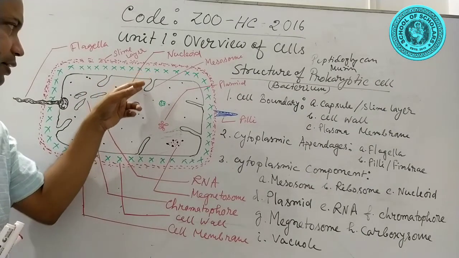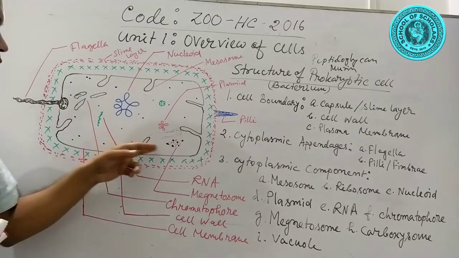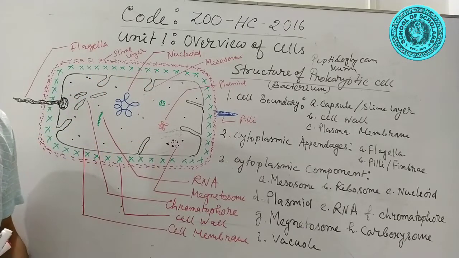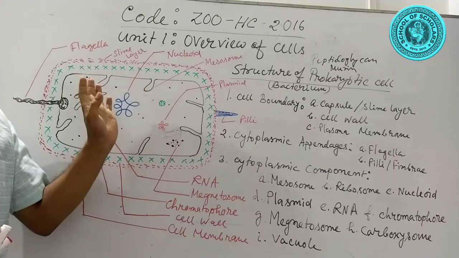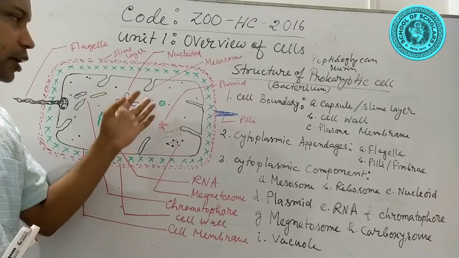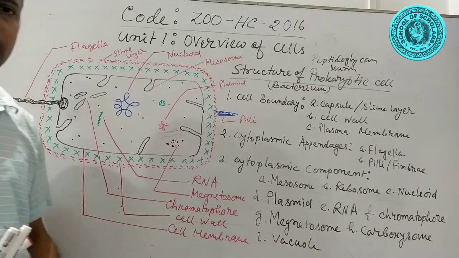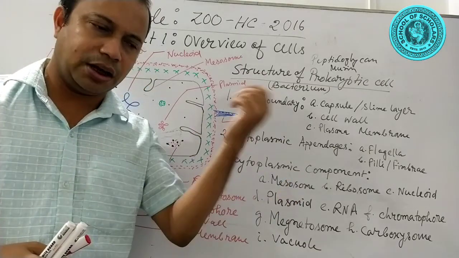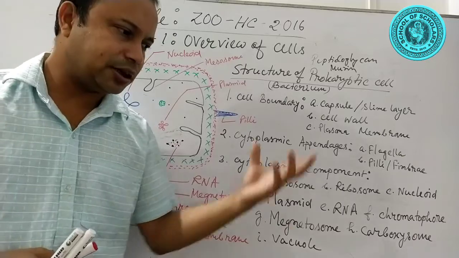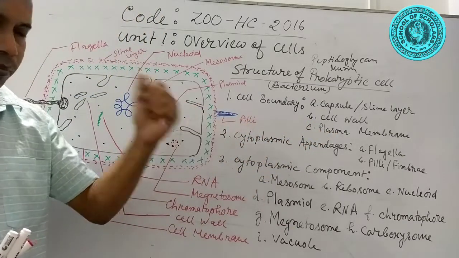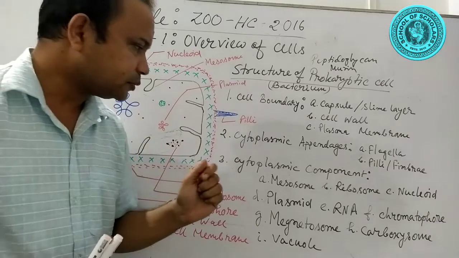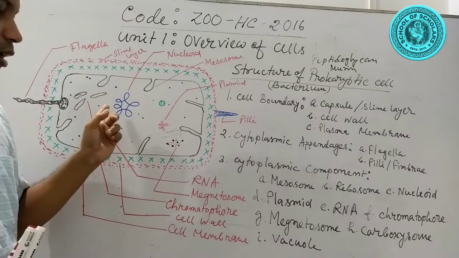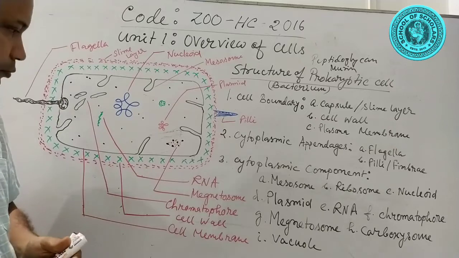What is the function of mesosome? Mesosomes are the site of respiration in the bacterium. The function is similar to the cristae present in mitochondrial bodies.